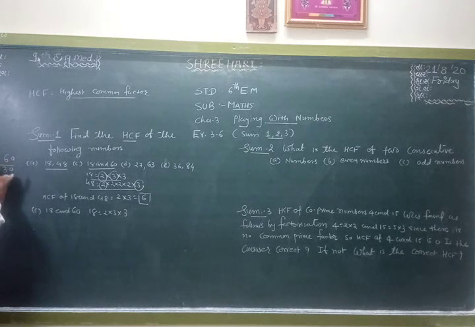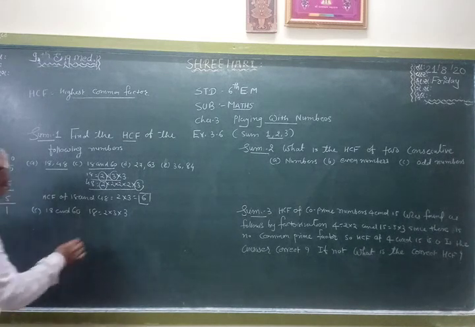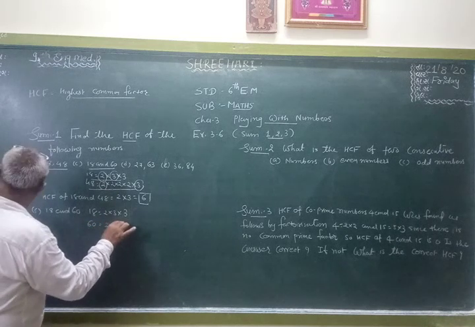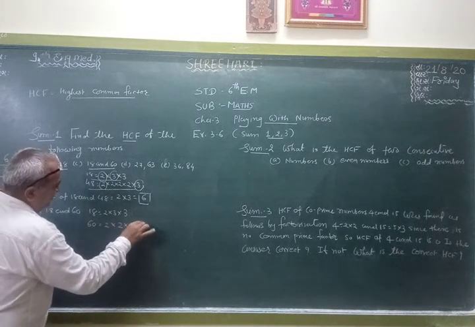We can divide by 2, 15. We can't divide 15 by 2 because the last digit is 5. Now 3, so 3 5s are 15, 5 1s are 5. Count: 2 2s are 4, 4 3s are 12, 12 5s are 60. So 60 is 2 into 2 into 3 into 5.